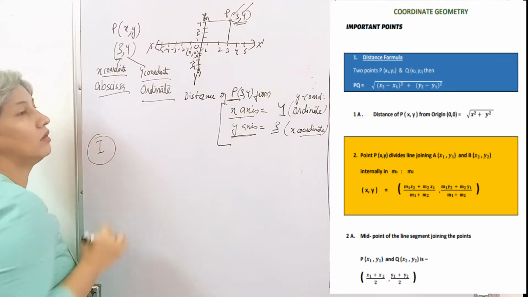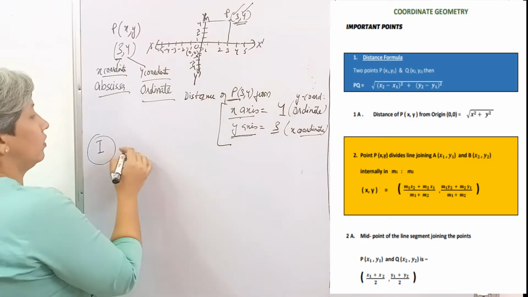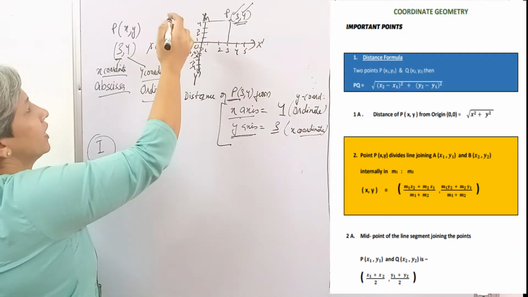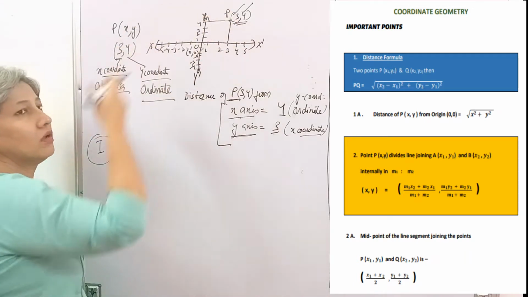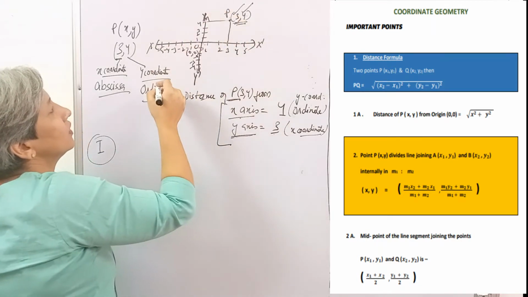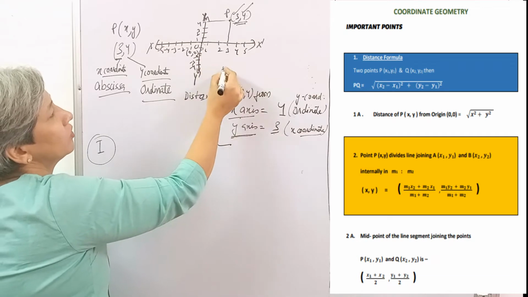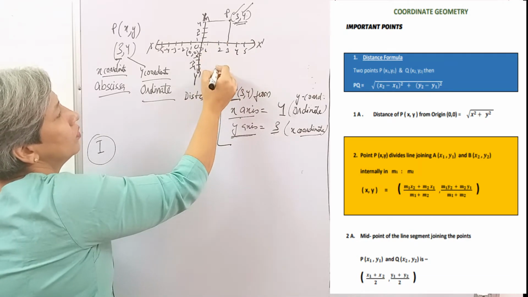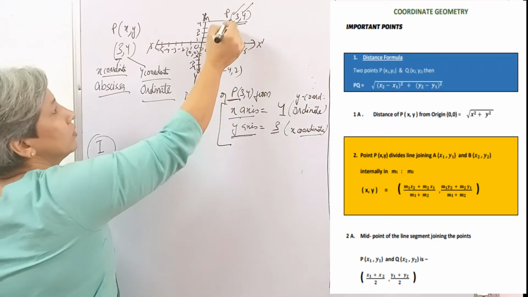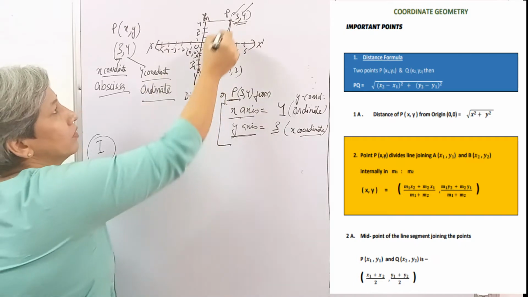Formula 1 which says that you have to find out the distance between any 2 points, that means say any 2 points are given on my number line, on my number system, like P is (3, 4) as I said, or some other point, say Q here with (-4, 2), and you have to find out the distance between PQ, straight distance.